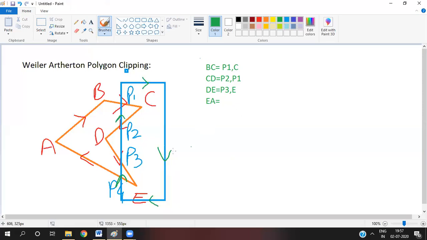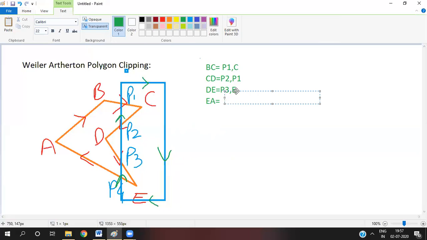So save P4 comma P3 here. P4 comma P3. Fine. So we have to draw a polygon containing the vertices P1, C, P2, P1, right?